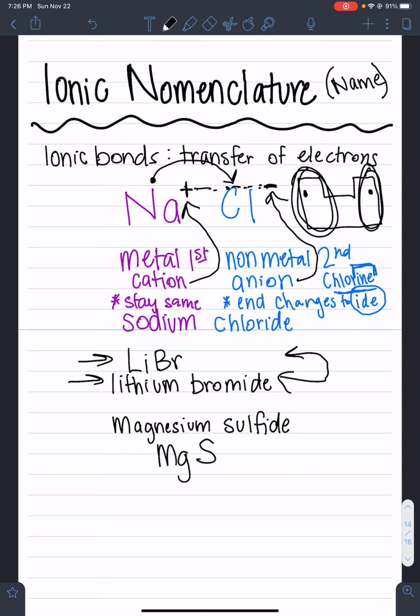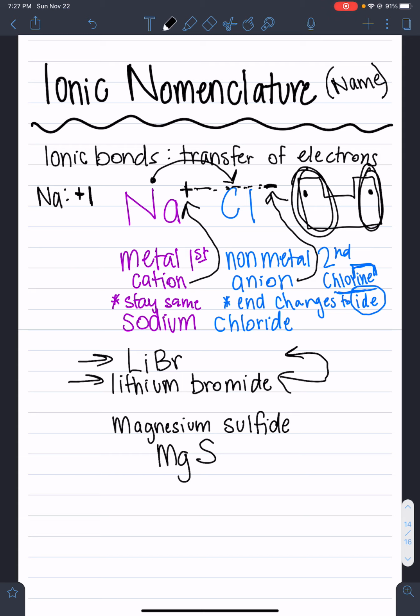So like I said, this video is going to be a little bit longer because now we need to learn something new about this. For any of these, we have to make sure that we balance charges. So let's go to this top one, the NaCl. Na, when it creates an ion, it creates a +1 ion, right? We've already learned that. Hopefully you're feeling really comfortable with that. If not, you need to email me. You need to get help because we need to fix that and figure it out.